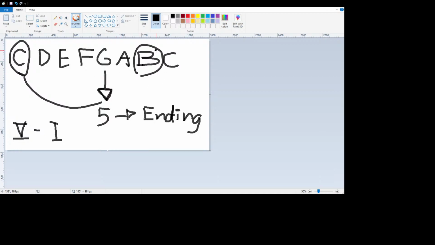And then the diminished can be used as a substitute. Now, substitute chords can actually take other chords from different scales and use them here. We're gonna talk about them some other time.